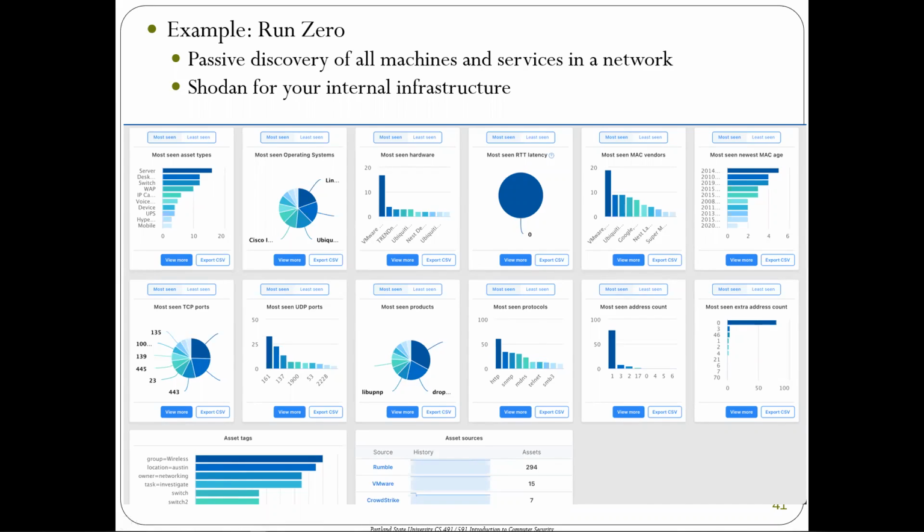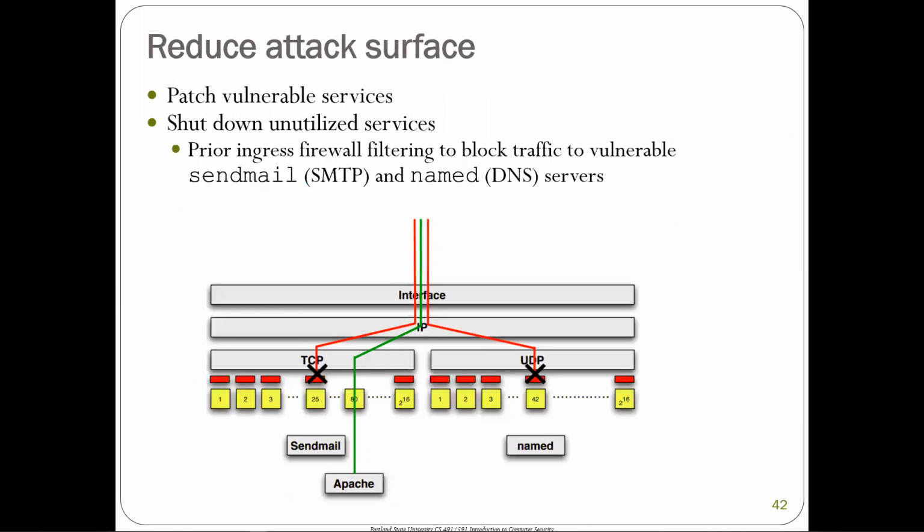And when you get this inventory, then you can act on it. You can be like, oh, I'm running way too much stuff in my enterprise, I'm going to start removing some of these things. That's basically what the reduction of attack surface is doing. This is an example from your firewall set of slides.